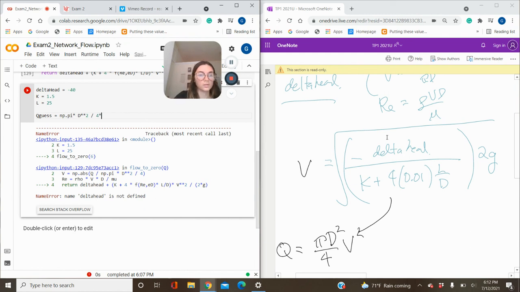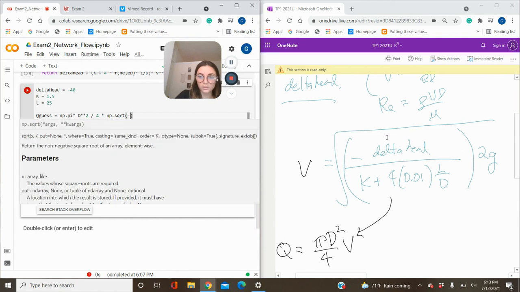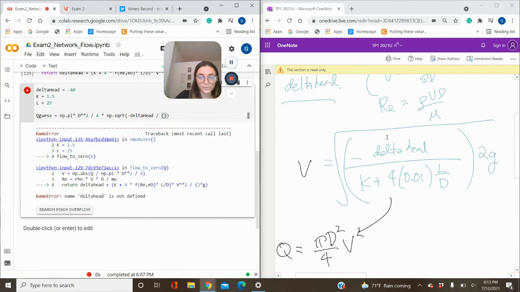And then NP times the velocity formula, which is going to be NP square root negative delta head divided by k plus 1.